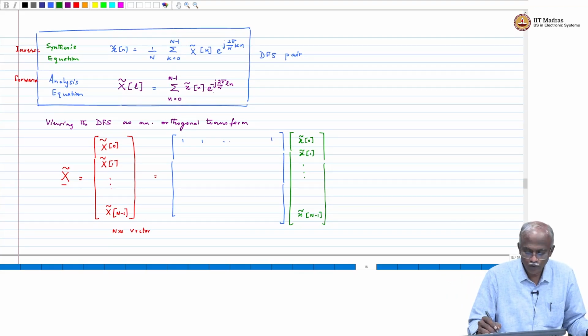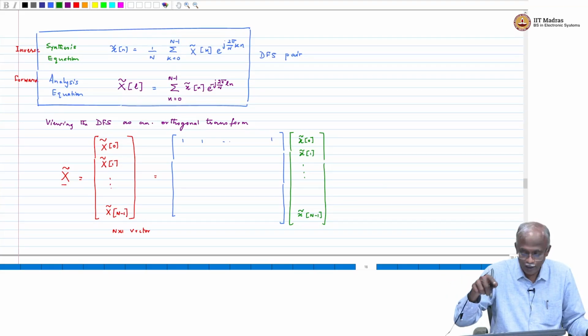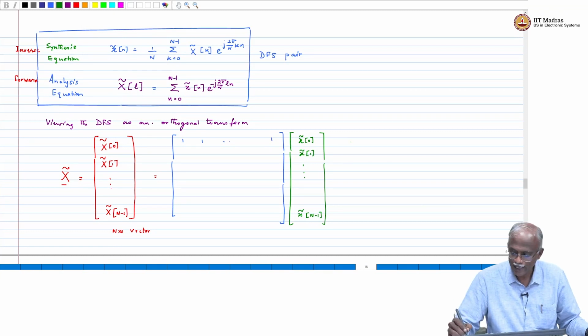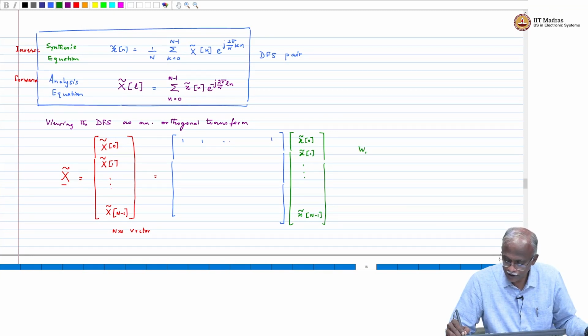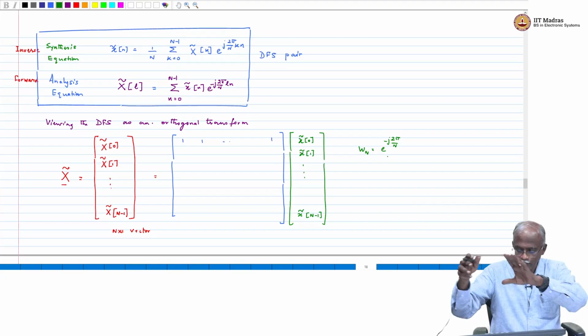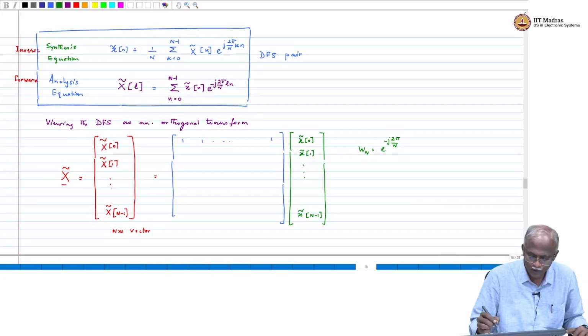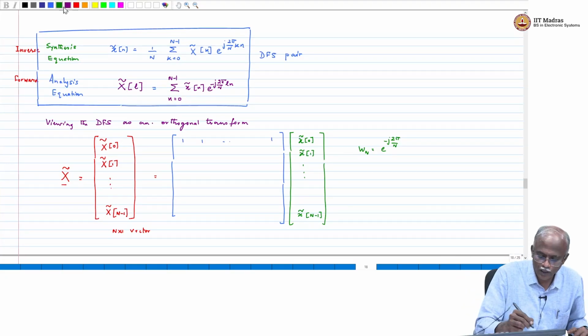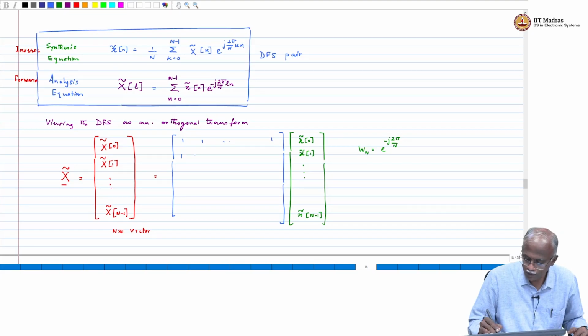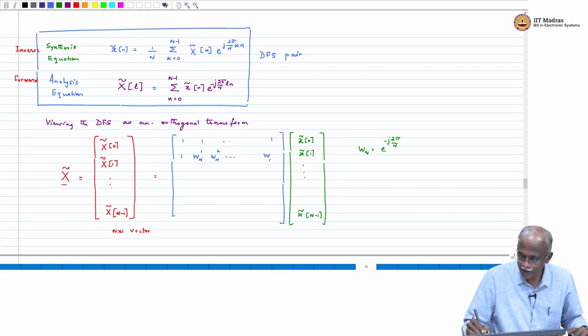The second row will now start to have the multiplication by the complex exponentials. Remember, we denoted w subscript n as e power minus j 2 pi by n. So instead of writing e power minus j 2 pi every time, we can write it in the following form. The second row is given by 1, w subscript n raised to the power 1, w subscript n raised to the power 2, and the last one is w subscript n raised to the power n minus 1.